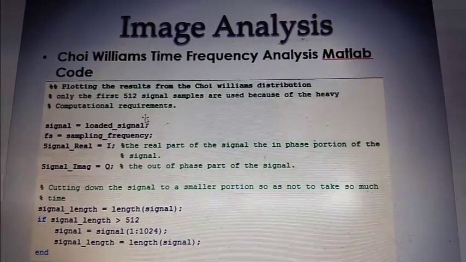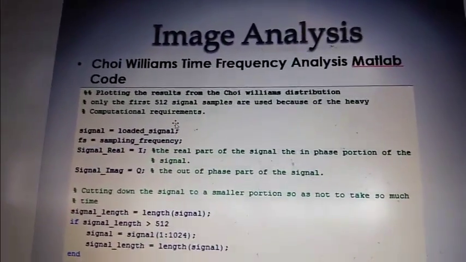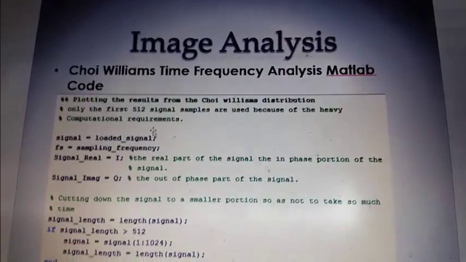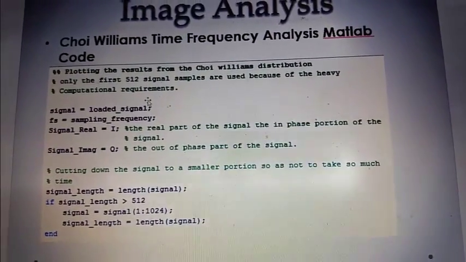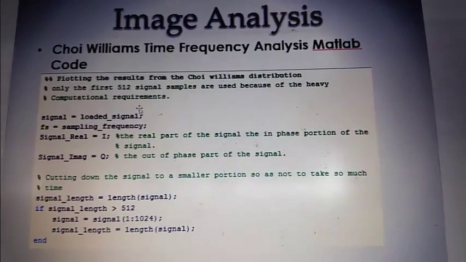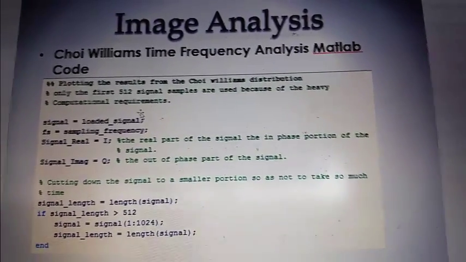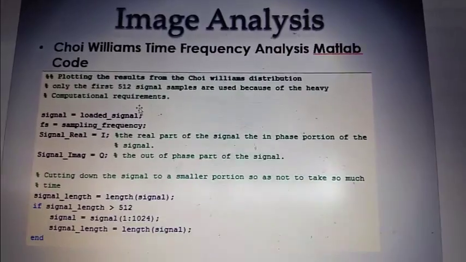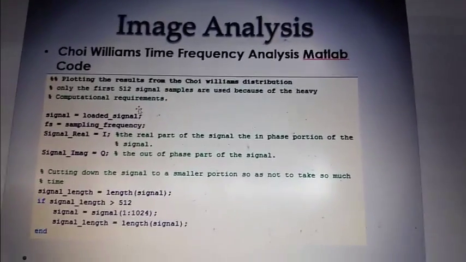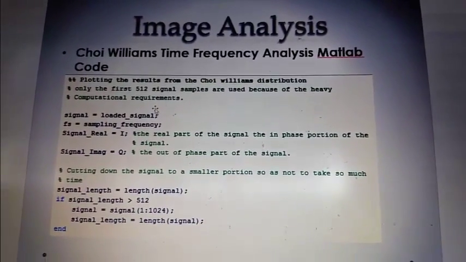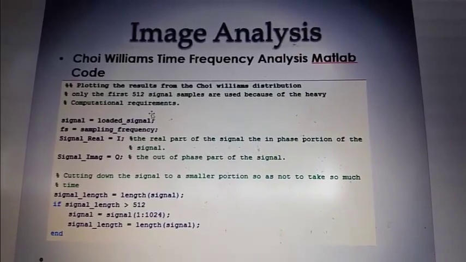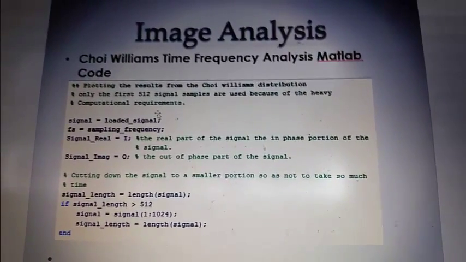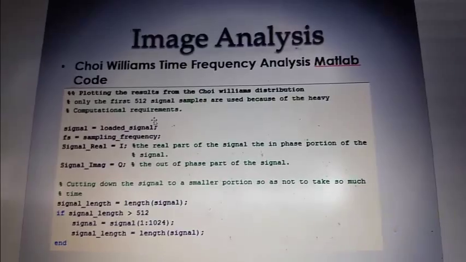Okay, so now we know a little bit about time frequency analysis. The exact time frequency analysis we were doing is called the Choi-Williams distribution, which was gone over in our presentation today from Al. He did a good job of that, but what I did was go from the Choi-Williams distribution to plotting the results.